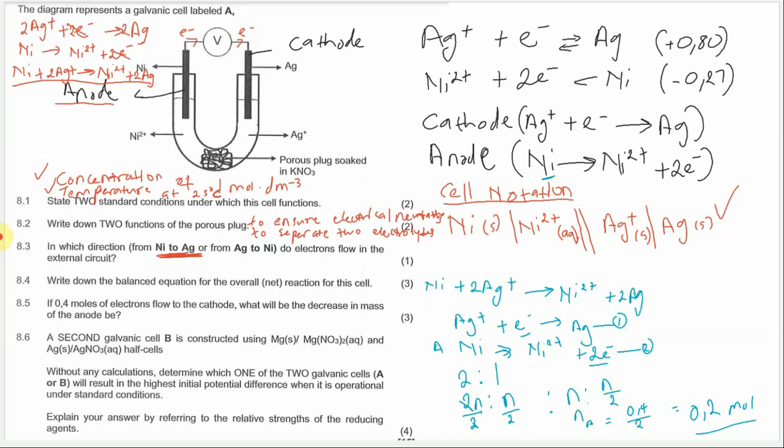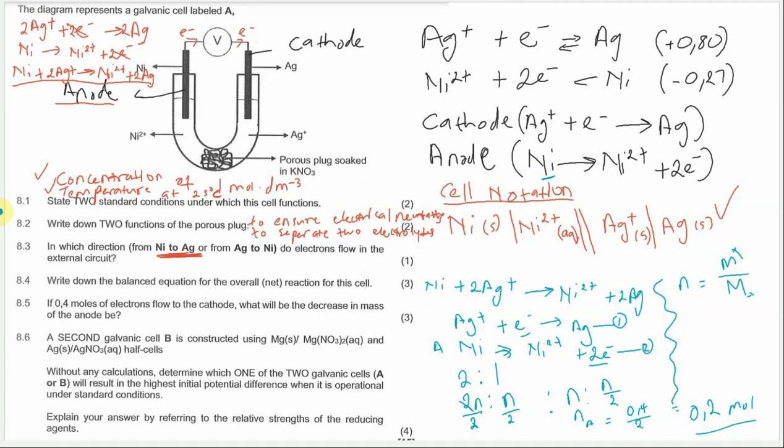I'm just going to write it here since I don't have enough space. For the mass lost, n is equal to m over big M. Mass is the one we're looking for, but we know the number of moles of that metal, and you can find the molar mass from the periodic table.